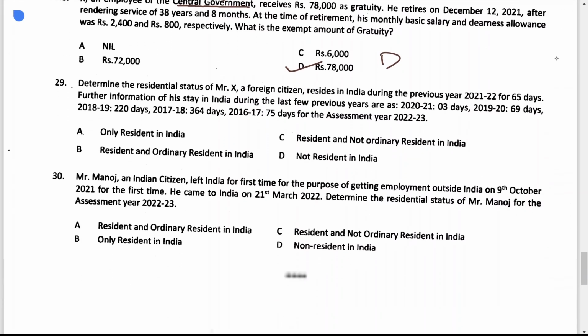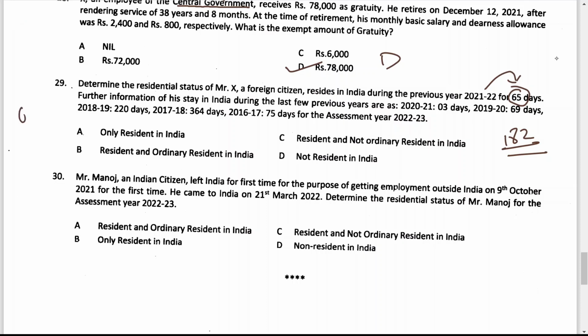Now determination of residential status of Mr. X, a foreign citizen, who resided in India during the previous year 21-22 for 65 days, whether he is able to satisfy any of the basic condition. So he is not able to satisfy first basic condition. That means he is not in India for 182 days or more. But he is satisfying second basic condition. What is second condition? He must be in India for 60 days or more during the previous year.